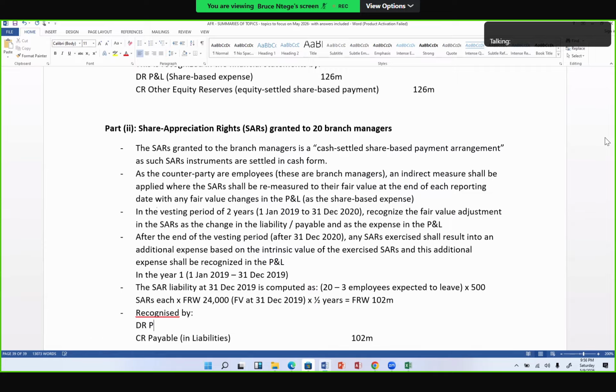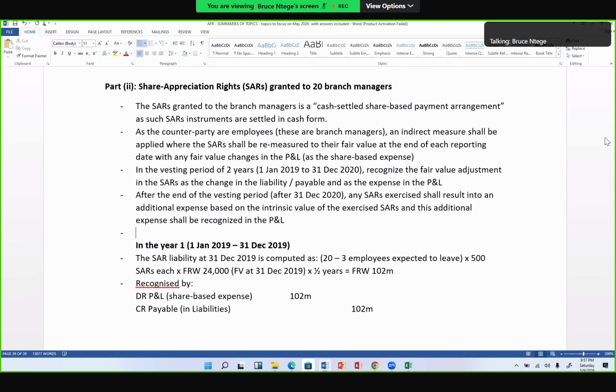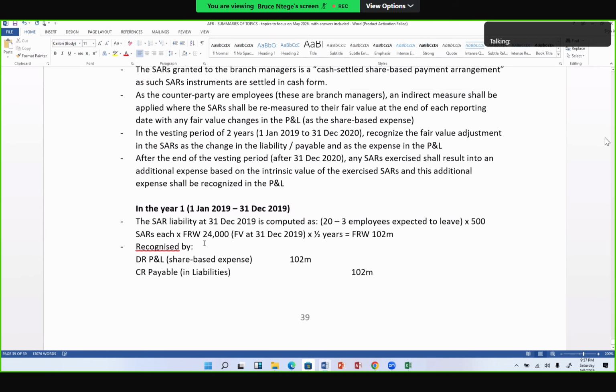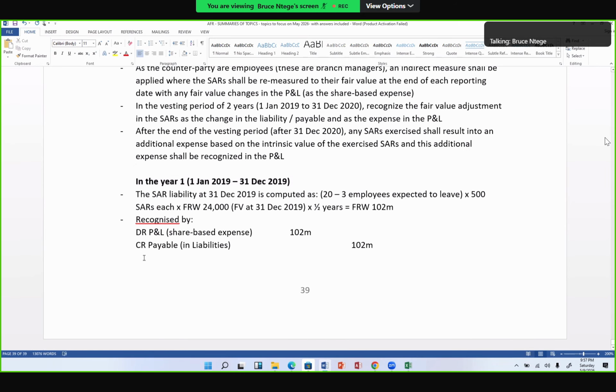Okay. So let's also run to year two. Year 2 runs from 1st January 2020 to 31st December 2020. I'm going to measure that liability.